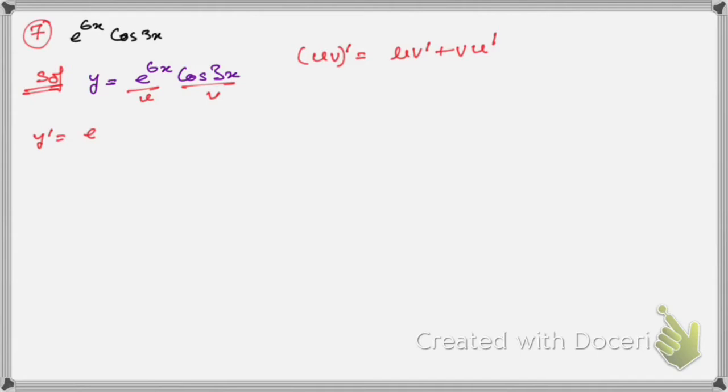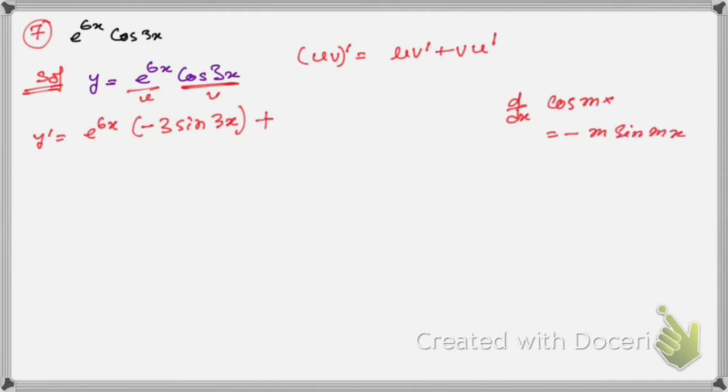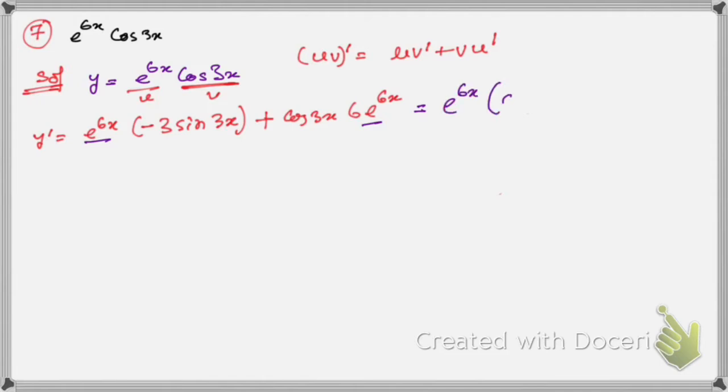Okay, so e to the power 6x, that is the first function, derivative of cos 3x will be minus 3 sine 3x, because derivative of cos mx is, we know, minus m sin mx. Then again second function cos 3x, derivative of first function, e to the power mx is m e to the power mx. Okay, so we have got this result. So here you can take e to the power 6x common, then you will get this result.